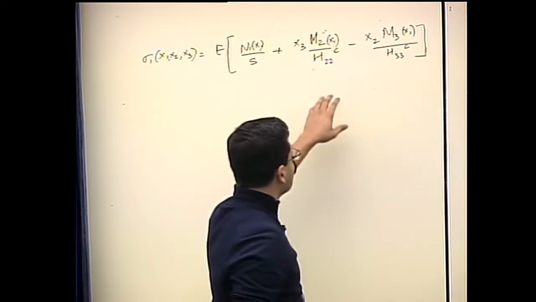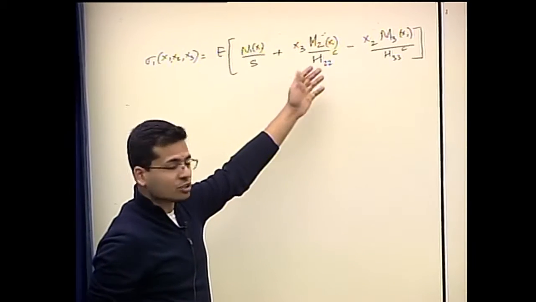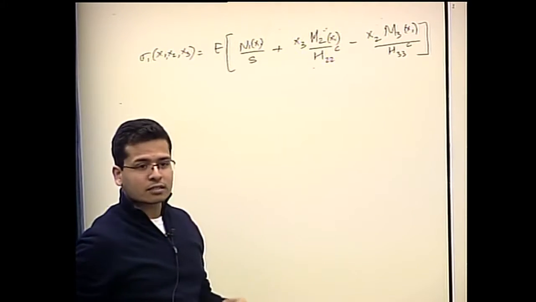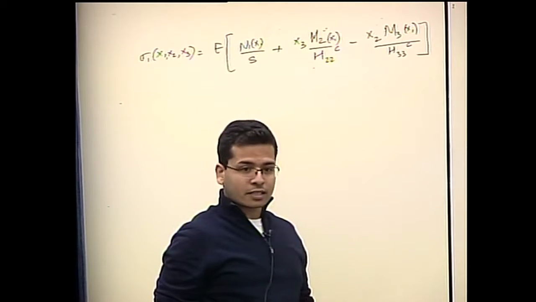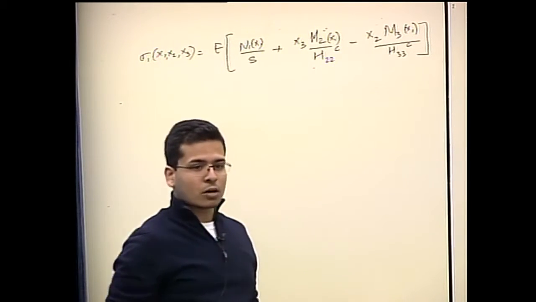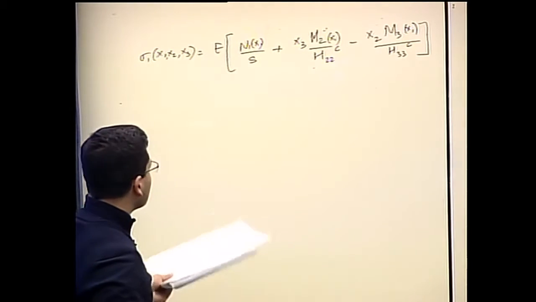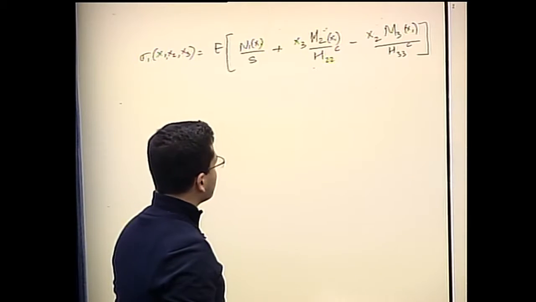All these are sectional stress resultants. N1 x1 is axial. M2 x1 is bending about x2. M3 x1 is the stress resultant of moment about x3. So that's how you can evaluate stresses.